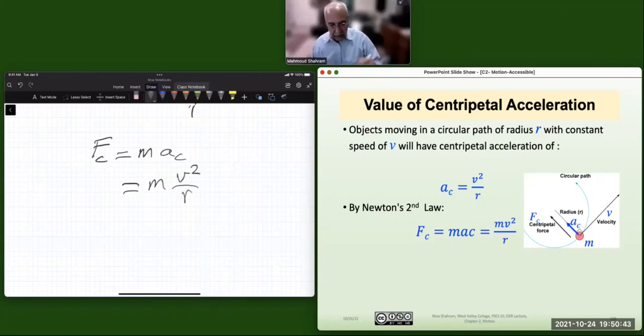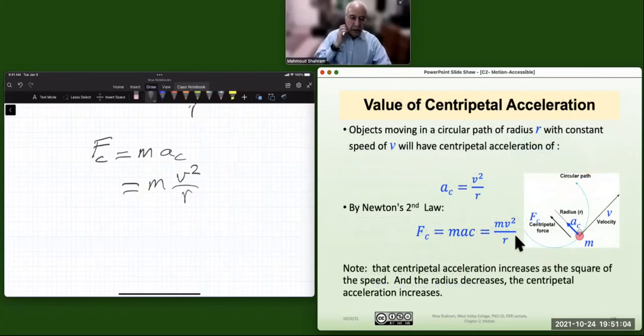If you give me the radius and the tangential velocity, they call this tangential velocity because it's always tangent to the path, then you can find your centripetal force. Now you can see that if you reduce the radius, what happens to the centripetal force? It becomes bigger. If the radius is bigger, the centripetal force becomes smaller.